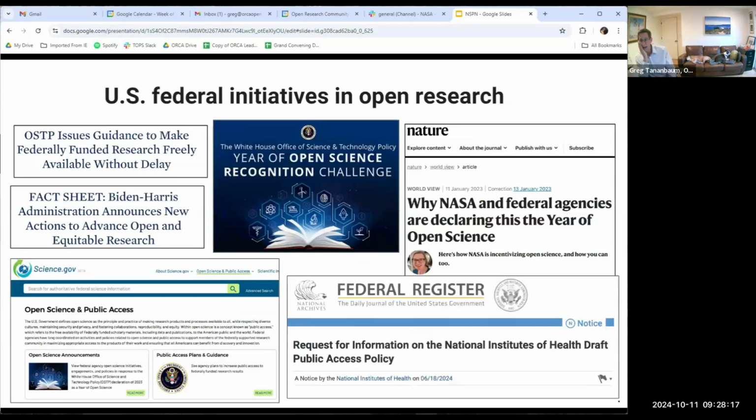And just from the U.S. perspective, obviously, because I suspect most, if not all of you are U.S. based, this really is a game changer. The federal government has said, if you're getting grant support from any one of our 400 plus departments and agencies, we're going to expect that you make your work available.